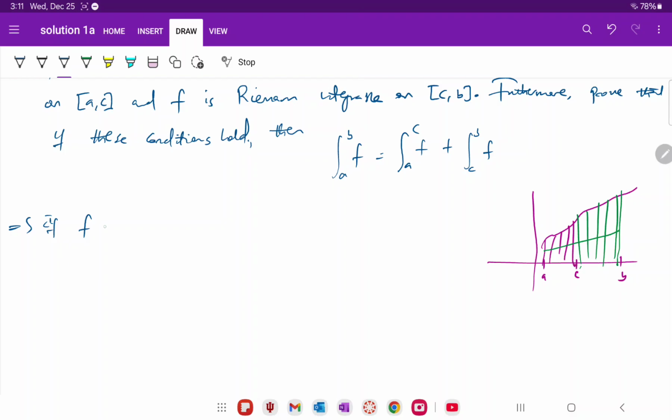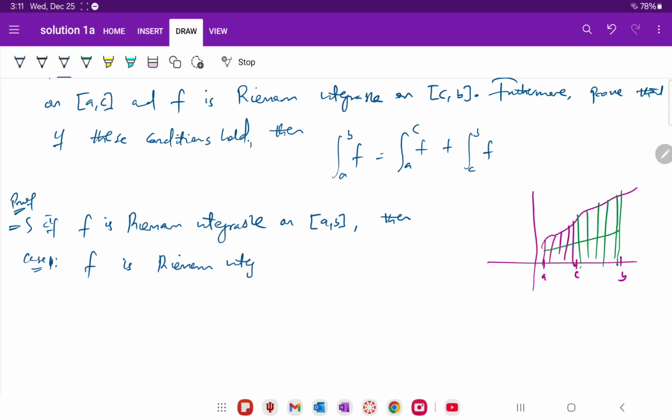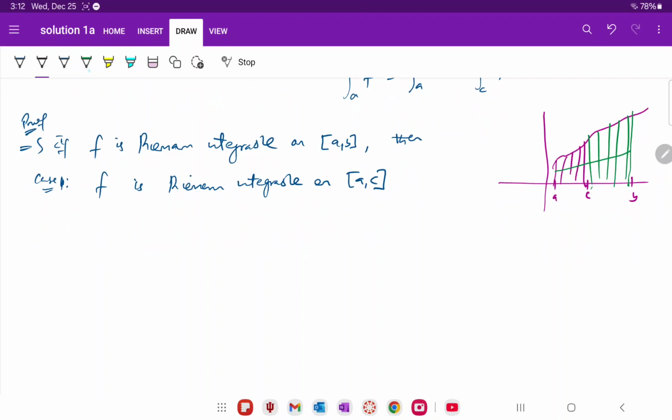If f is Riemann integrable on a, b, then case 1: f is Riemann integrable on a to c. So let's first of all prove this one.